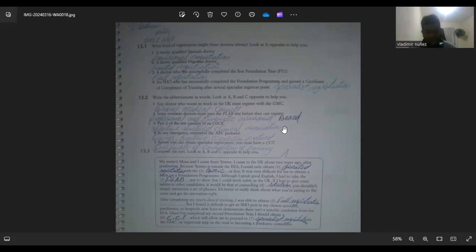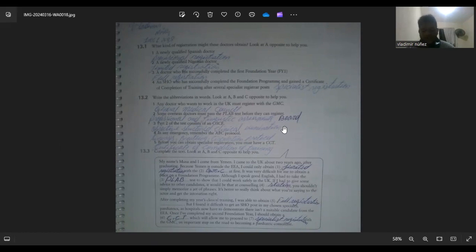After graduating, because Yemen is outside the EEA, I could only obtain limited registration with the GMC at first. It was very difficult for me to attain a place on the foundation program.